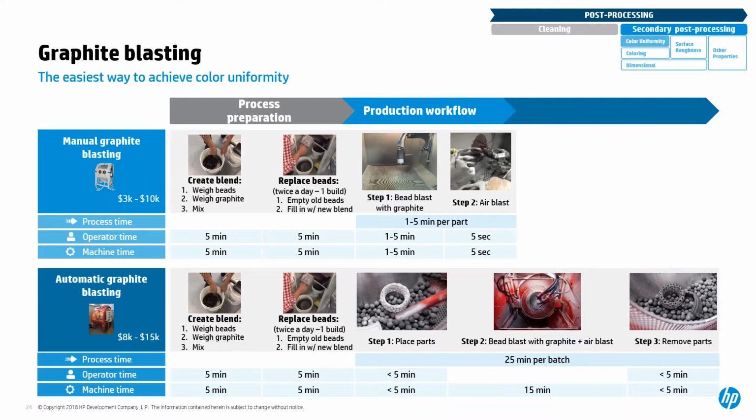In this case, we recommend having a separate cabinet for the graphite, because the replacement of the beads mixed with the graphite is going to be done more often than in standard bead blasting. And it's important to clarify as well that this post-process does not affect the dimensional or mechanical properties, but it may have other advantages such as an increase in lubricity.